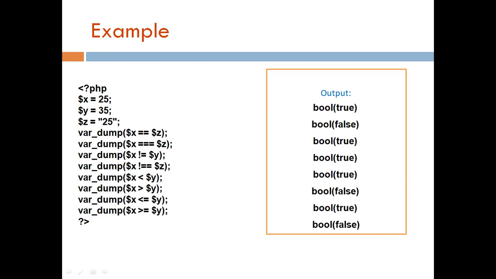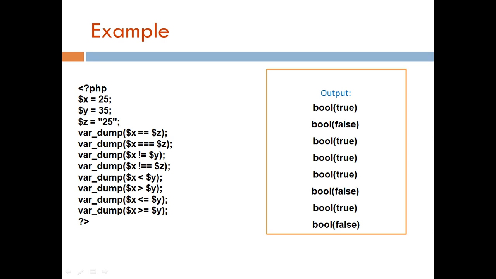So in this example, we have assigned the z value as a string because whenever something is enclosed within double quotes, it is referred to as a string variable. So x equal to z means the value is the same, so it returns true because we are just comparing the value here. But with the identical operator, it returns false because we are also comparing the data type assigned there.